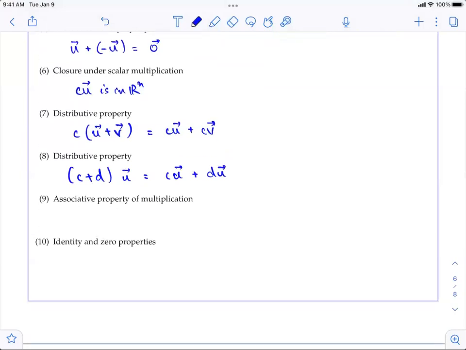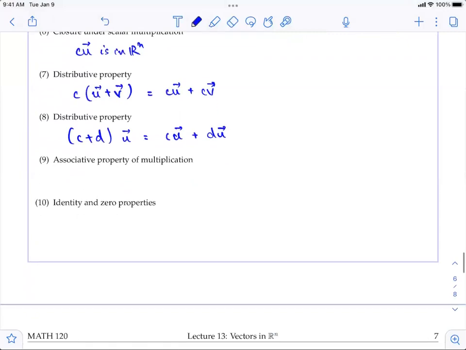Number 9 is the associative property of multiplications. So if you have, again, two scalars, but you want to multiply these two scalars together and then apply the result on a vector. Then you have C times D, then apply it on vector u. This is similar to applying one of the scalars on u first, so C times D times u.